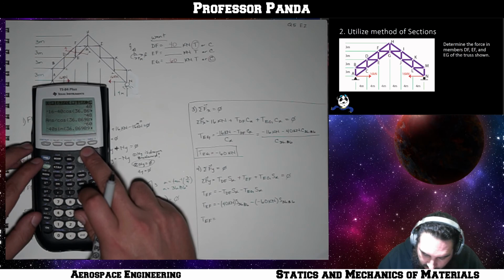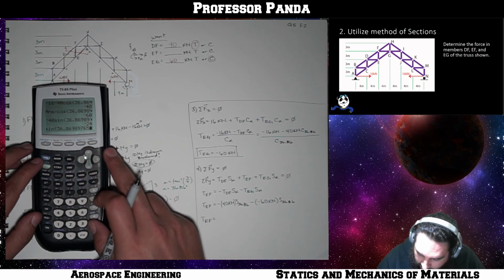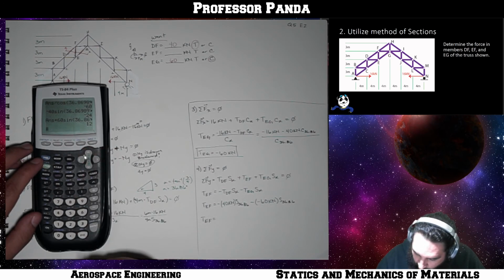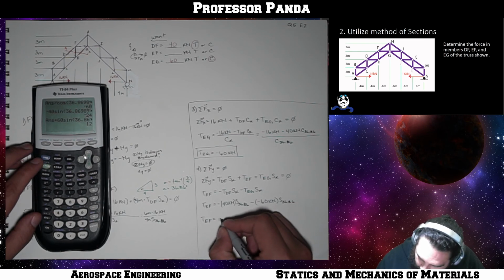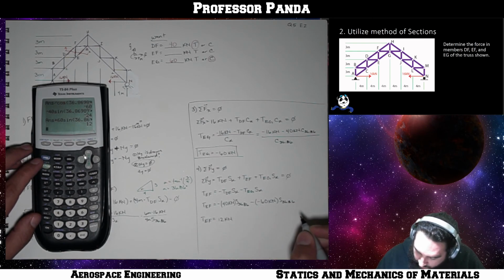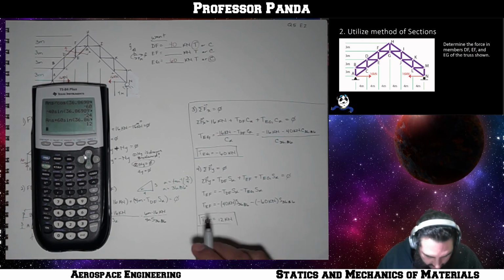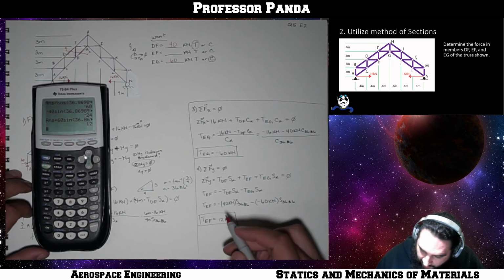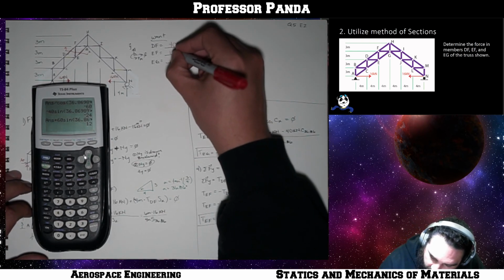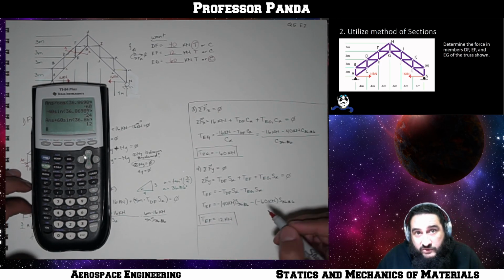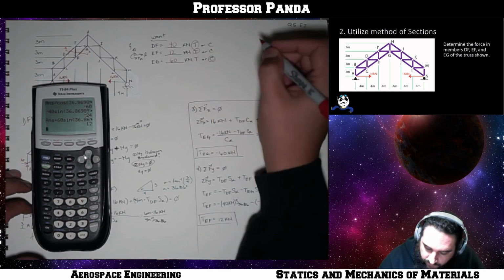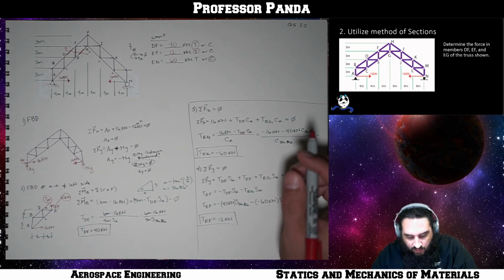Grab that 36 value again. 12. Box that. Let's go ahead and report that as EF being 12 kilonewtons. It's positive, so it remains in tension. And there we have it.